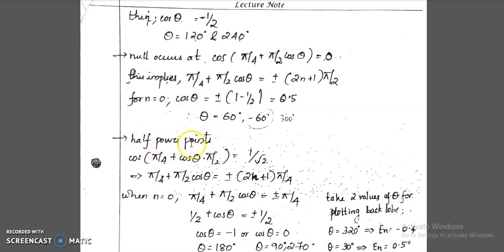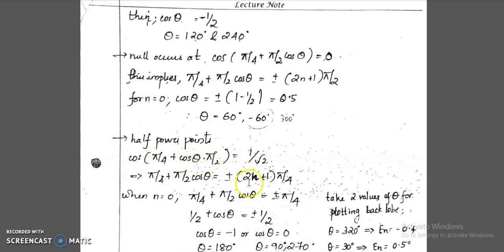Then half power points. At half power points we know that the normalized electric field intensity is 1 by root 2 of its maximum value. So here it is plus or minus 1 by root 2. The plus or minus 1 by root 2 occurs at odd multiples of pi by 4 for a cosine function. So equate that to cos of (pi by 4 plus pi by 2 cos theta).